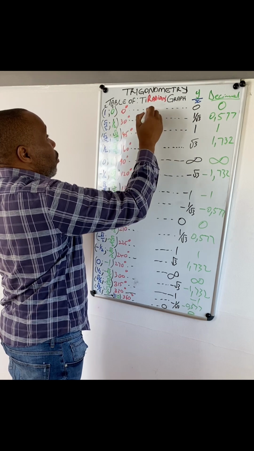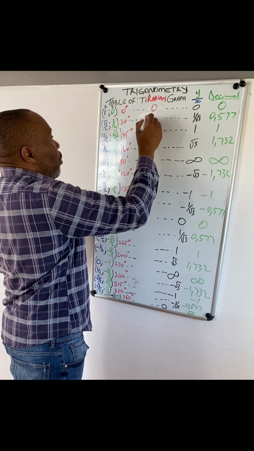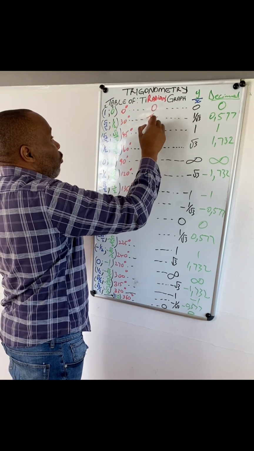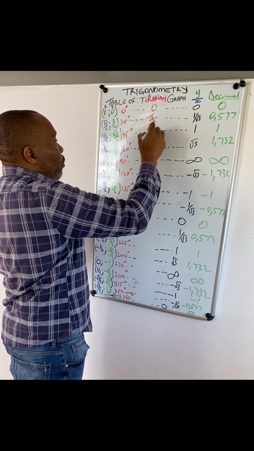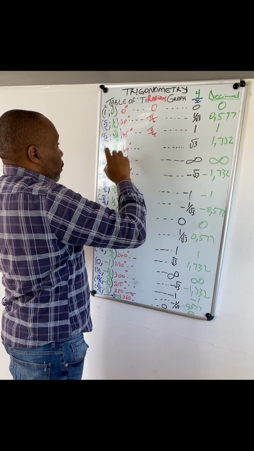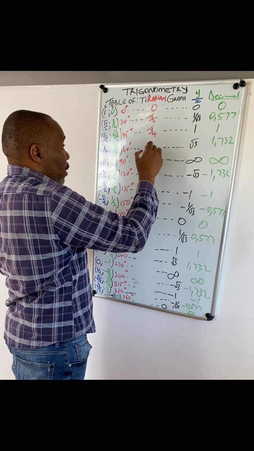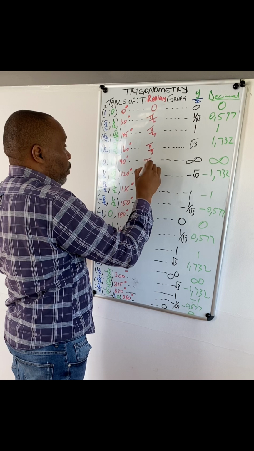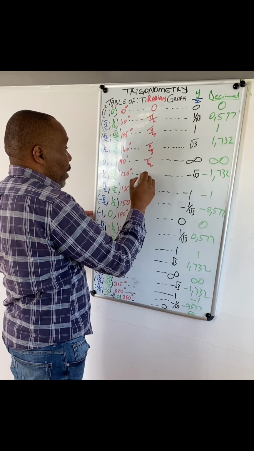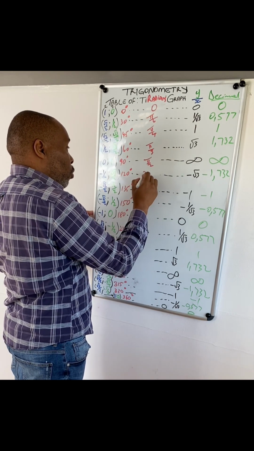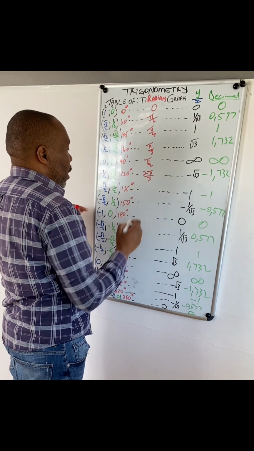and then 0 is 0 radian. 30 degrees is pi over 6. 45 is pi over 4. 60 is pi over 3. 90 is pi over 2, 120 is 2 pi over 3.